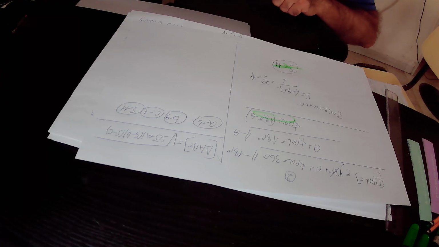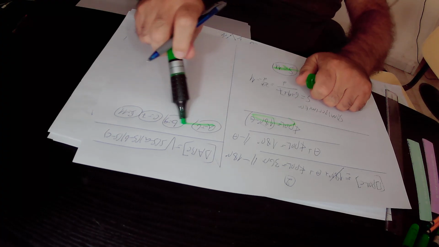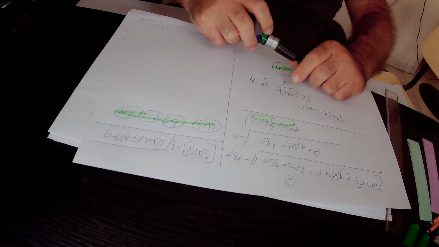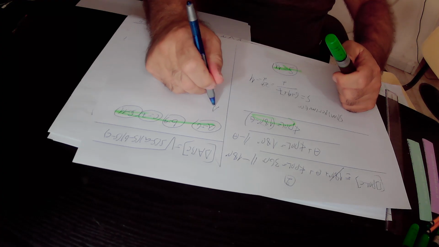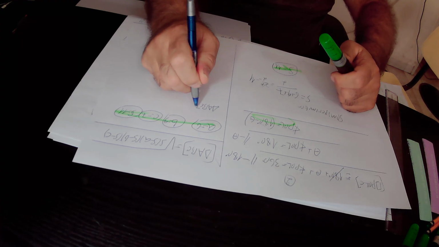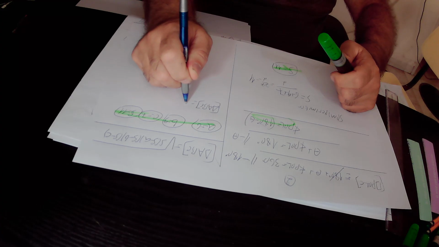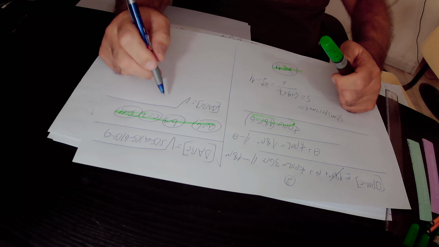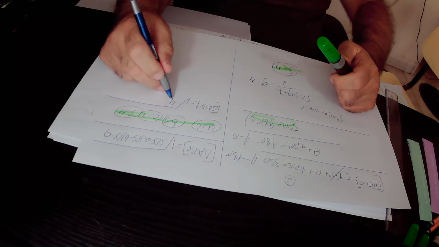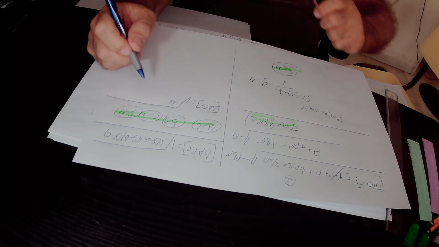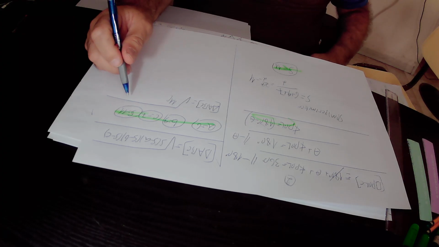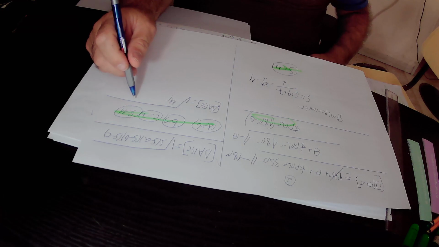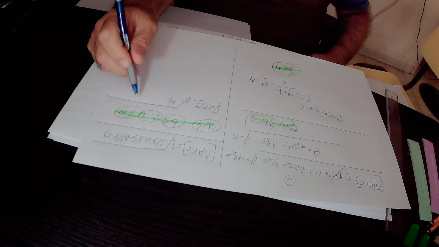So the area of our triangle ABC is equal to the square root of S, which is 11, times S minus A. S is 11, A is 6, so S minus A is 11 minus 6, that is 5.